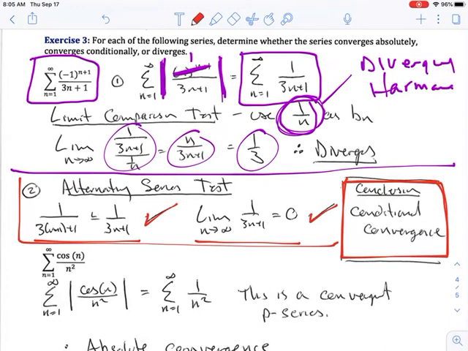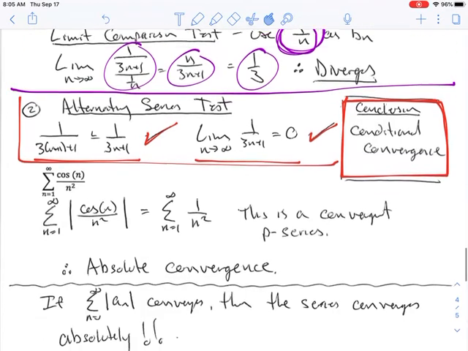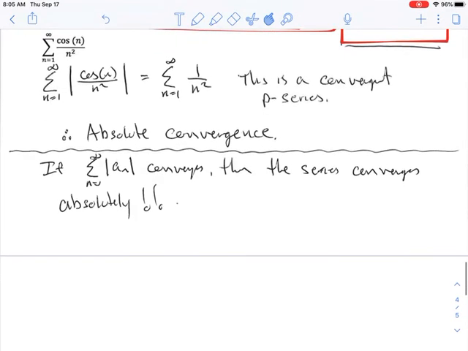Okay, the next one. And this next one, I probably need to put a little bit more explanation into, but first of all, in our function, we see that we have cosine of n in the numerator. Well, that's the part that's making it alternate. Once again, cosine of n alternates between plus and minus 1.